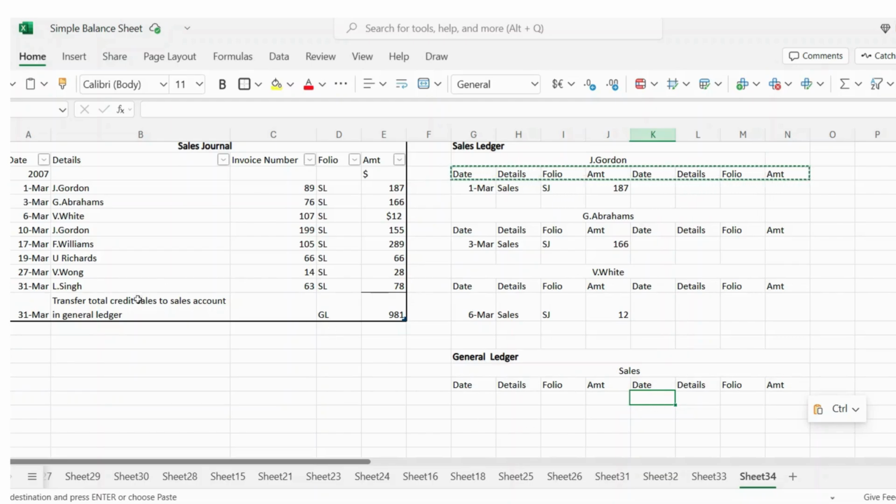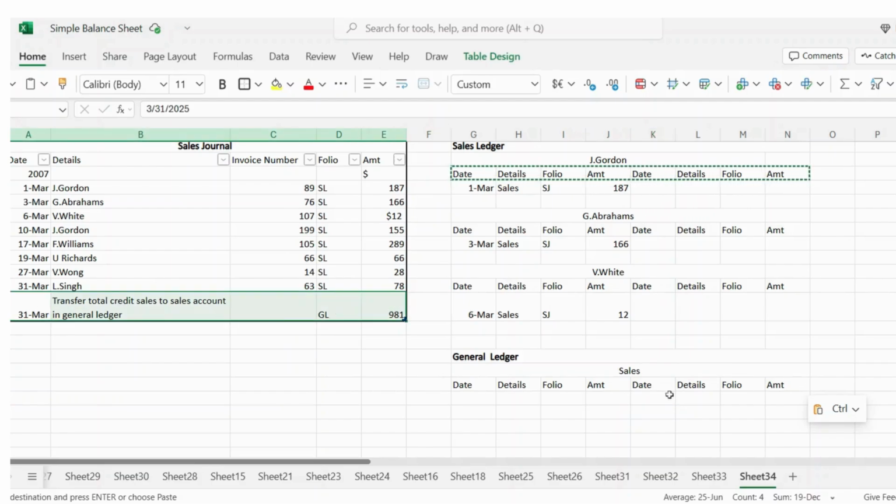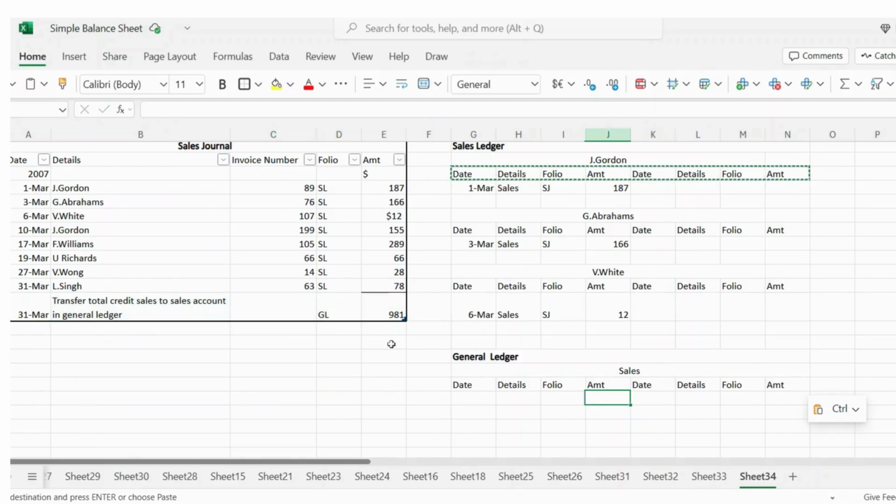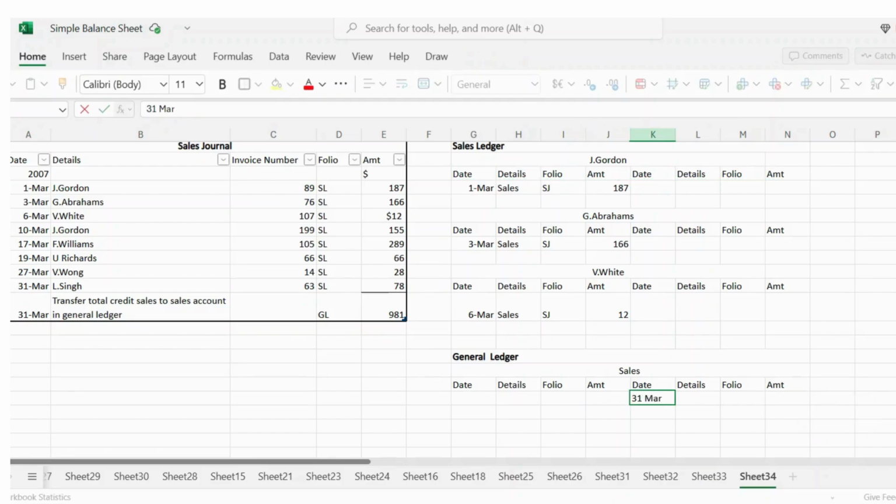Now, we're showing how we transfer our credit sales to our sales account. So on the 31st of March, we're going to have the date. The details is going to be transfer.